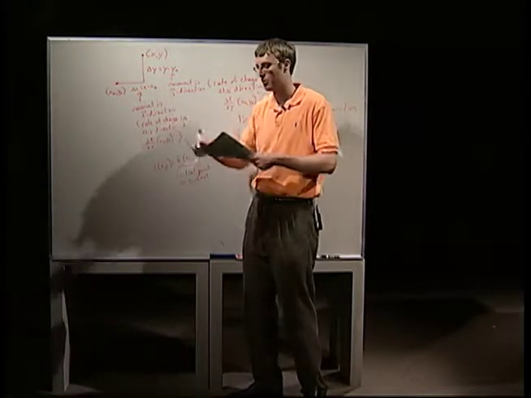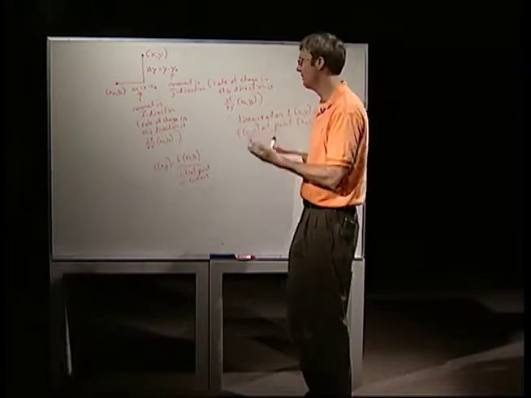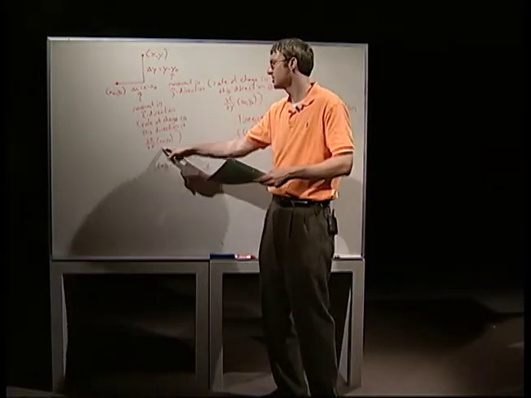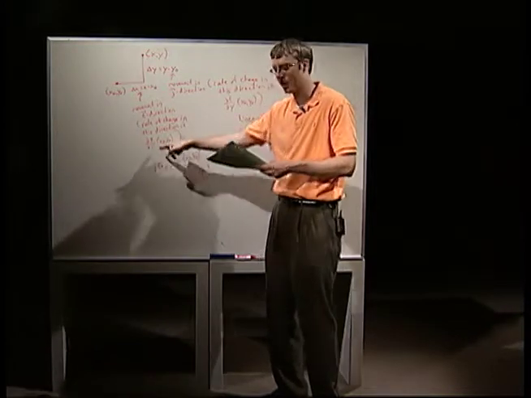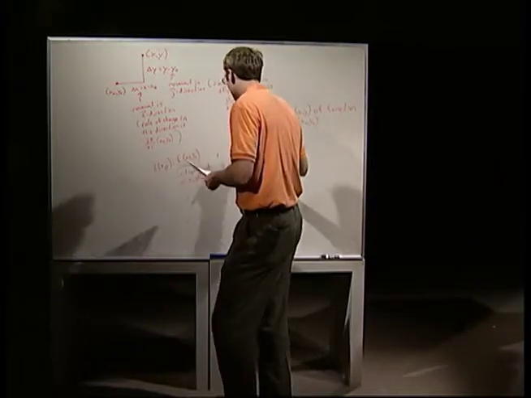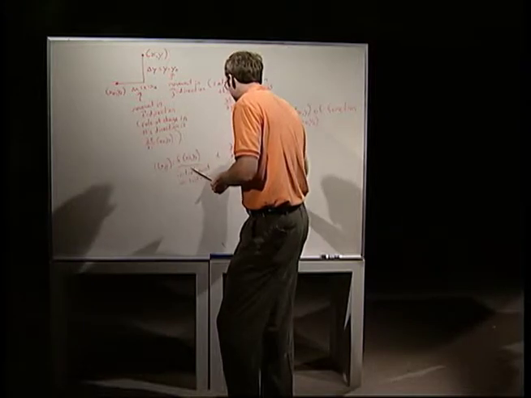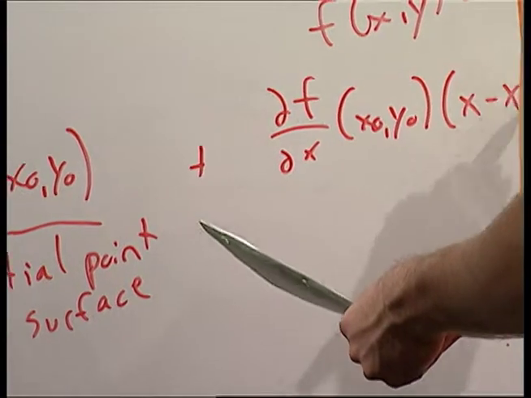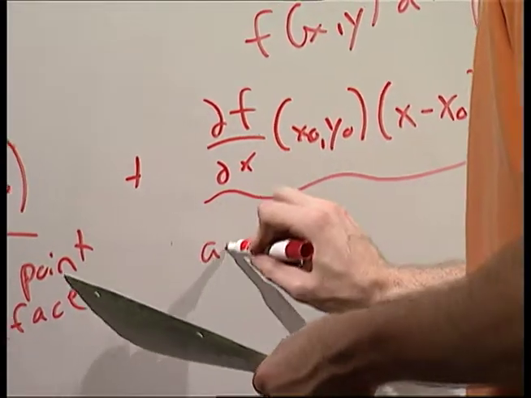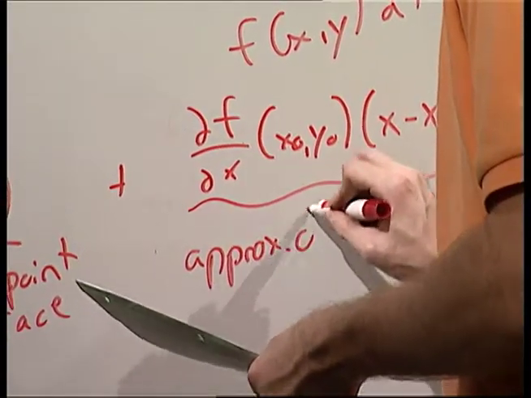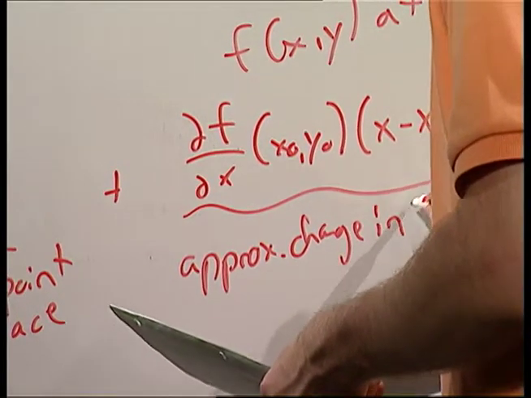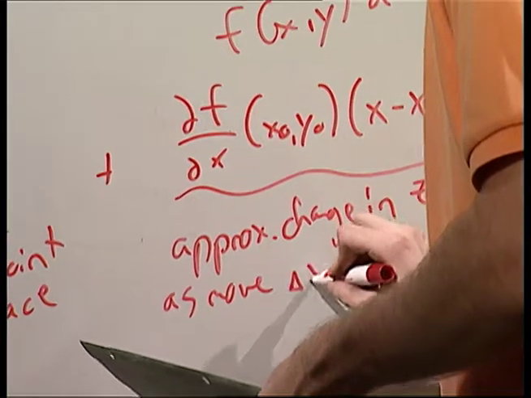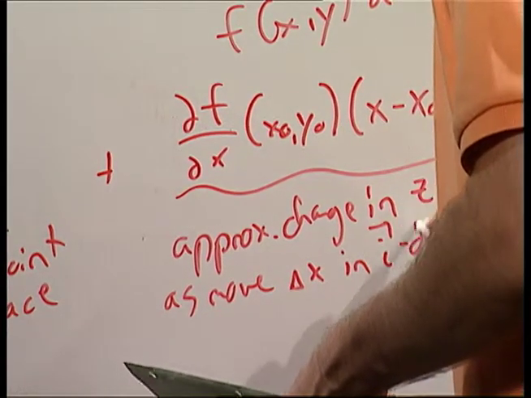It's an approximation because this is actually changing as I move along, but if I don't go very far, this stays pretty steady. So I've got partial f, partial x at x naught, y naught times x minus x naught. This is the approximate change in z as you move delta x in the i direction.